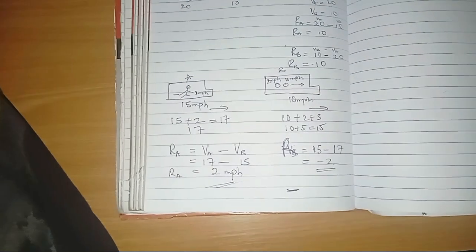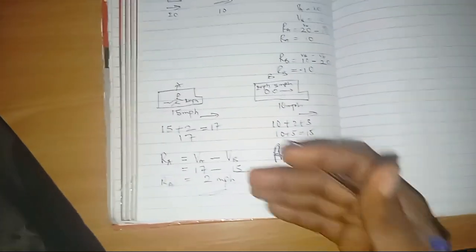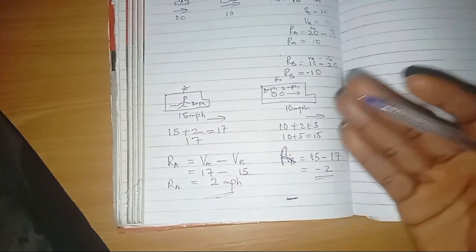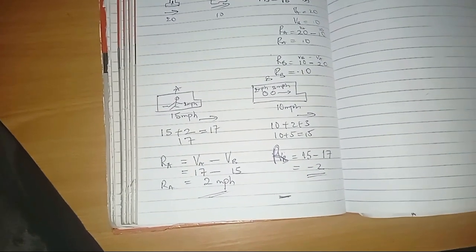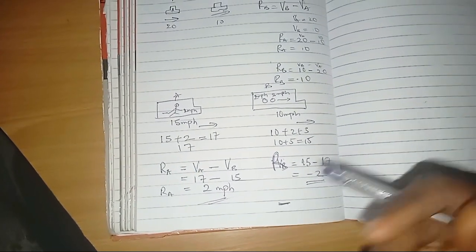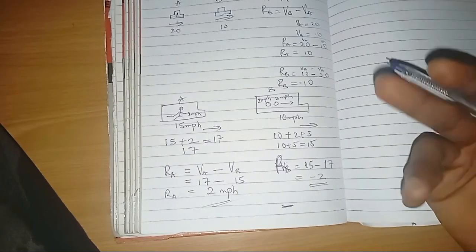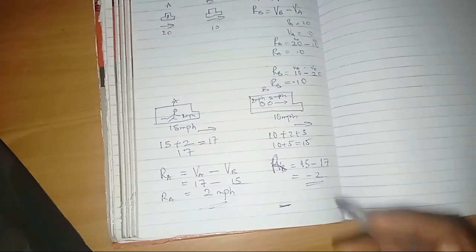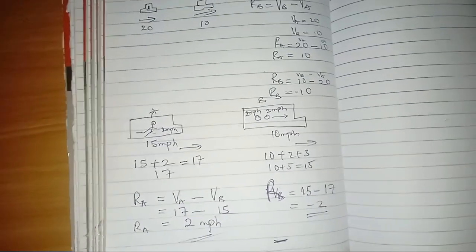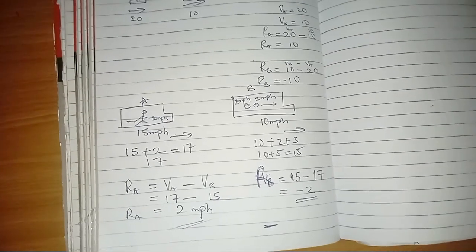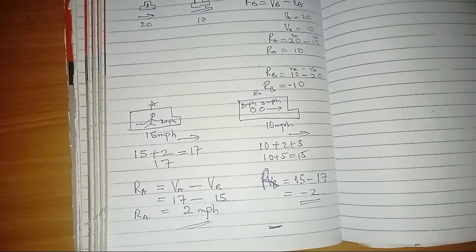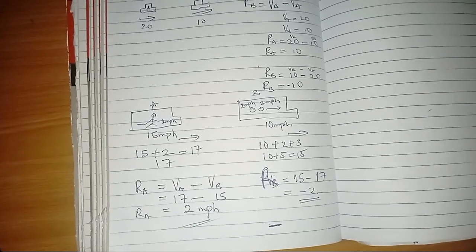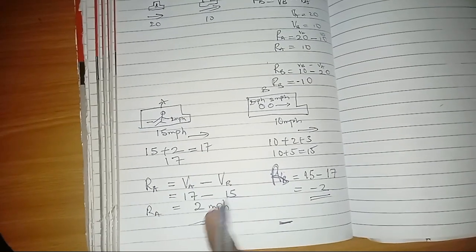So it's more like saying the one ahead is observing what is behind, while the one behind is observing what is ahead. When I talk about relative velocity of A, it simply means what B will see as A is moving, and if A is ahead, B will see that A is ahead.